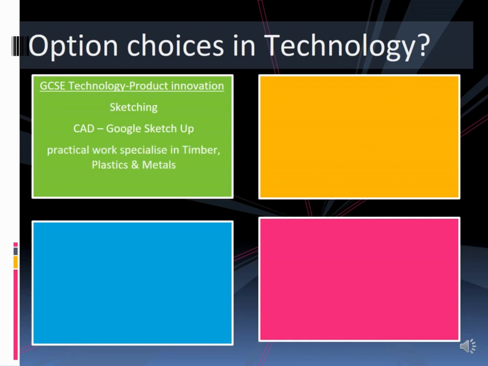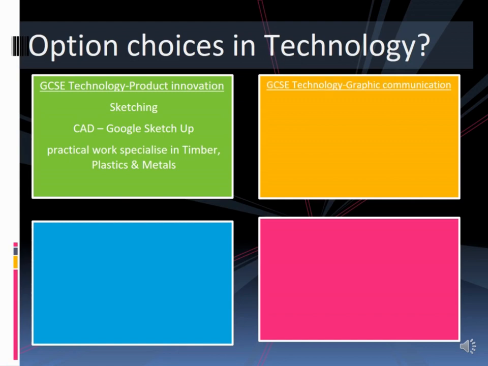The practical elements of it include specialising in timbers, woods, plastics and metals. The design element will look at things like designing for a target audience, designing for a particular client, working out what those needs and wants are of those clients.